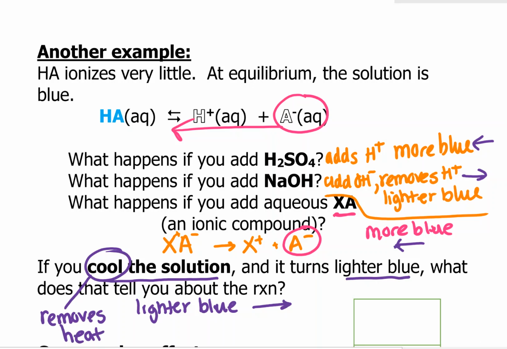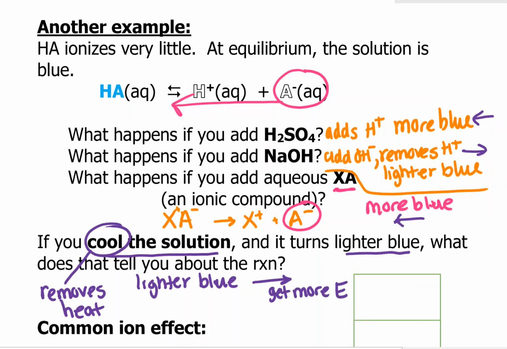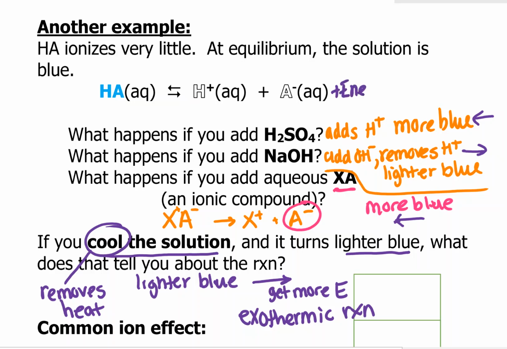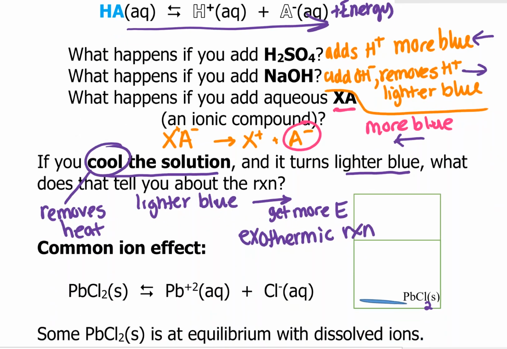So that tells you that it's shifting to the right to get more heat or energy, which tells you it must be an exothermic reaction. In other words, this makes sense only if energy is kind of a product, and cooling it makes you want to shift to make more of that heat.